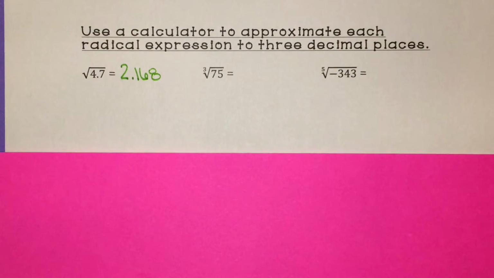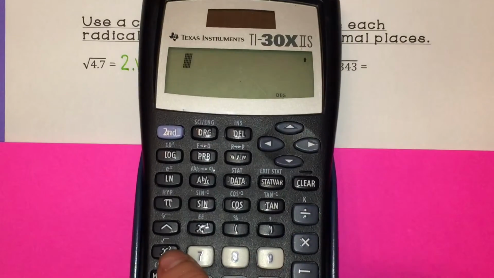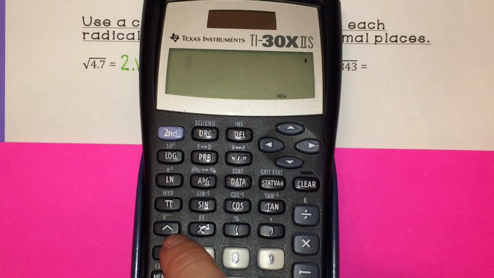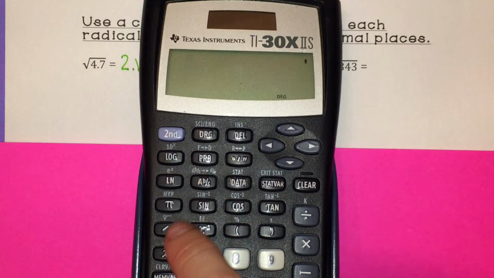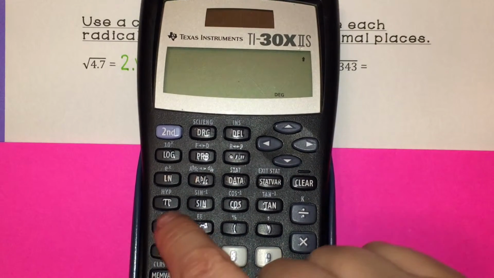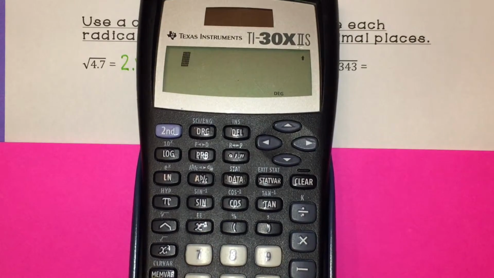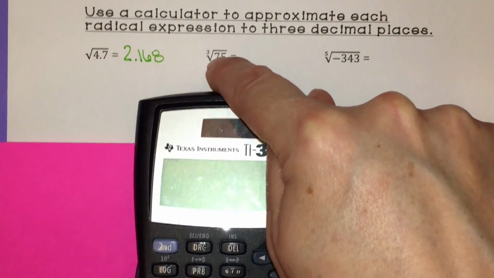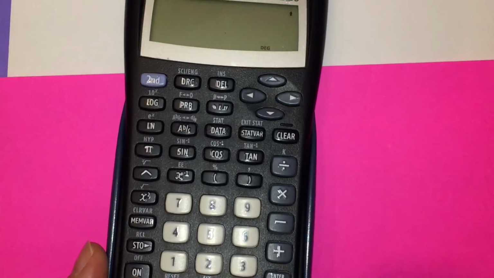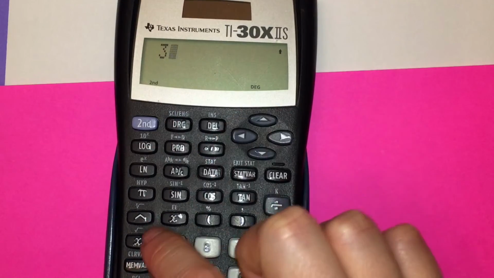All right. Next one is a cube root. My second function of x squared was a square root, but the second function of this little arrow up button, it's called a caret button. That one I can do a cube root, a fourth root, a fifth root. So in this case, I have to type in the cube root. I'm going to type in 3, and then hit second and that caret button.